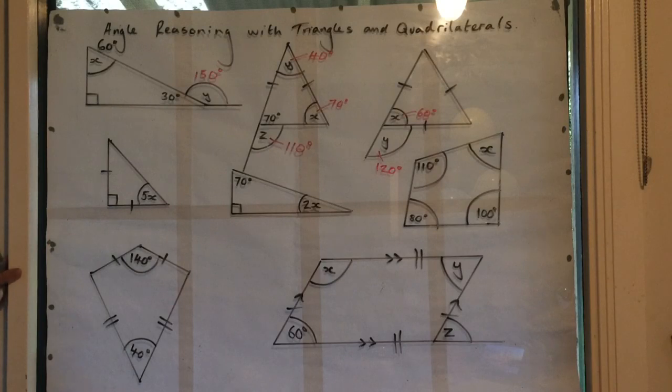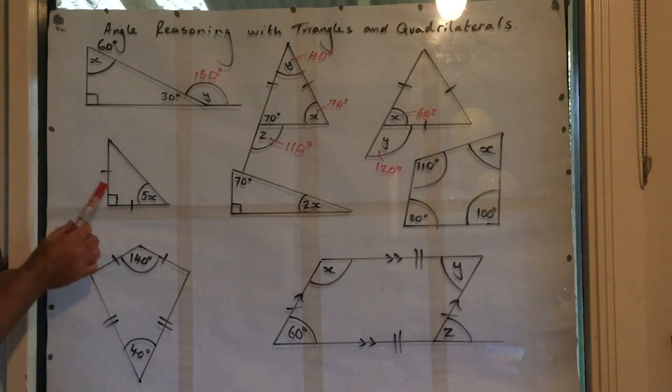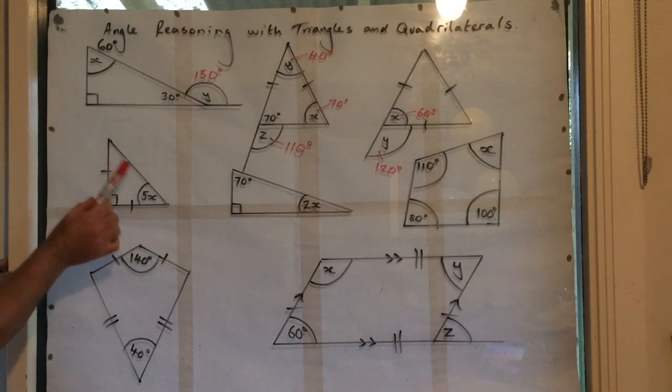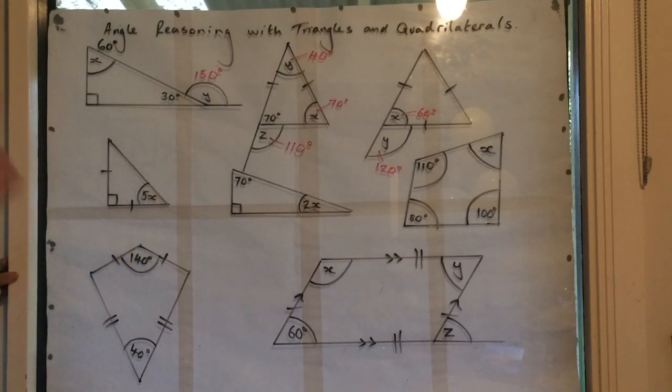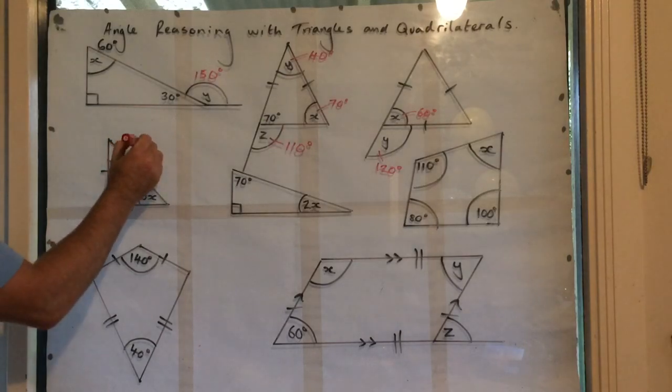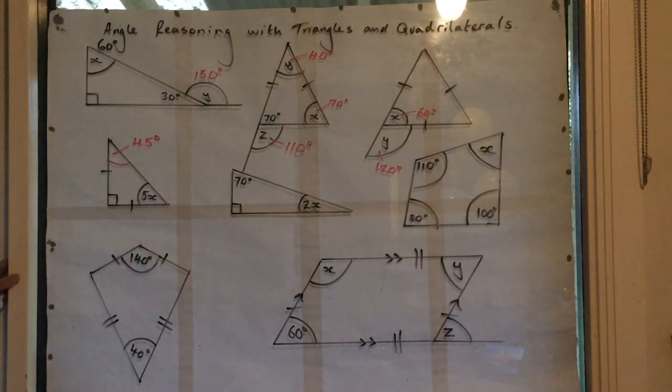Okay, now they become a little bit more tricky. Again, we've got an isosceles triangle. We've already used 90 up here, so these two angles here have to be the same. That means each angle is 45 degrees. But that's not the end.